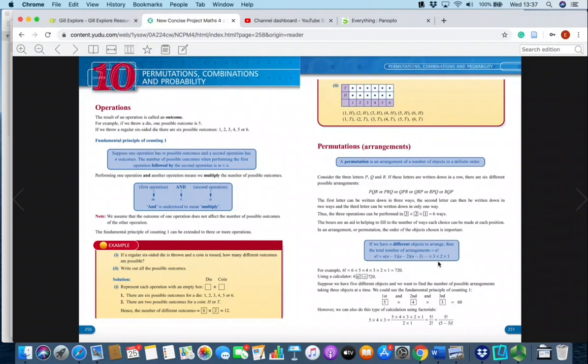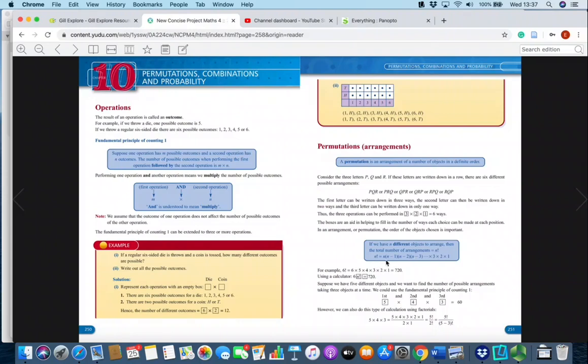Of course there's a formula. If we have n different objects to arrange, then the total number of arrangements is what's called n factorial. Factorial is just maths shorthand for writing that number all the way down to 1. So in other words, 5 factorial is 5 by 4 by 3 by 2 by 1. 10 factorial is 10 by 9 by 8 by 7 by 6 by 5 by 4 by 3 by 2 by 1.